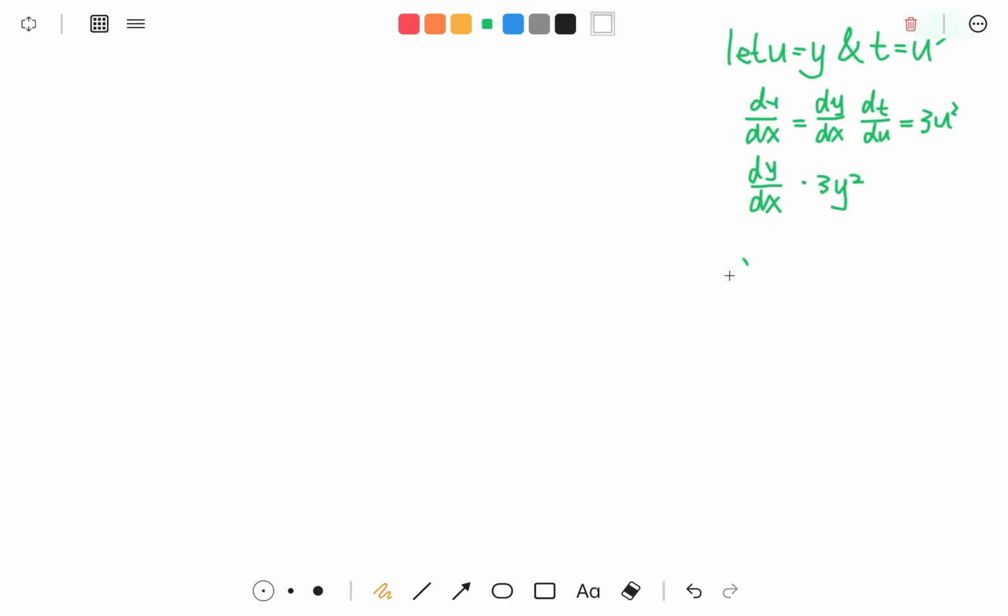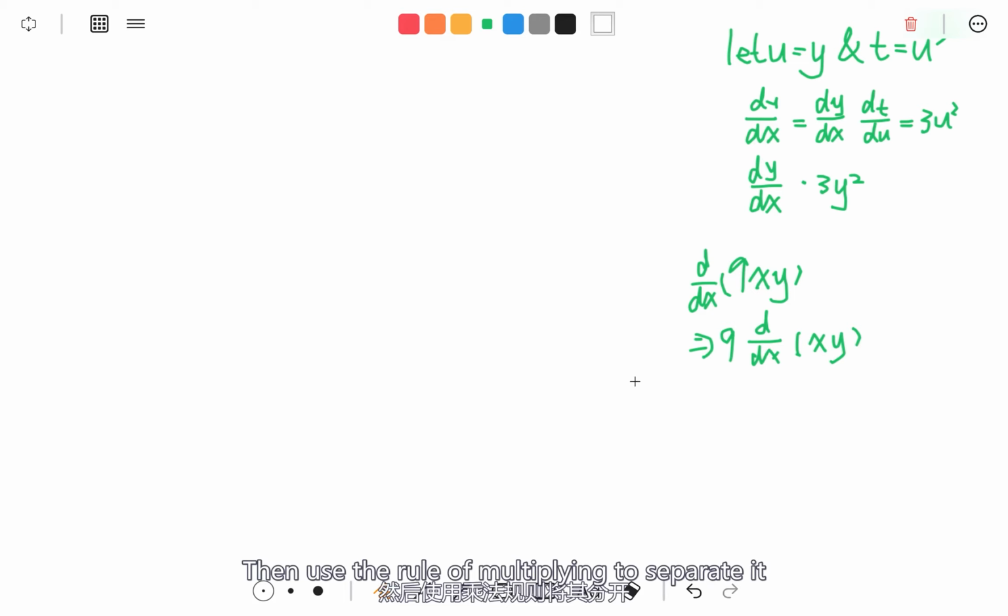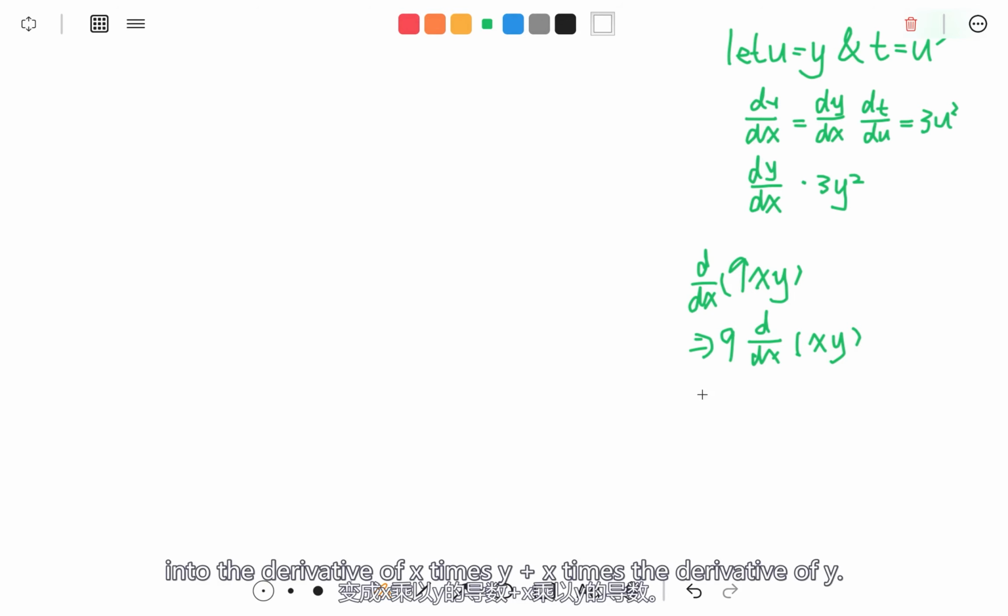So the 9xy will be, using the product rule, separated into the derivative of x times y plus x times the derivative of y.